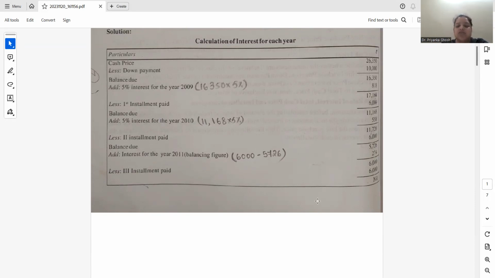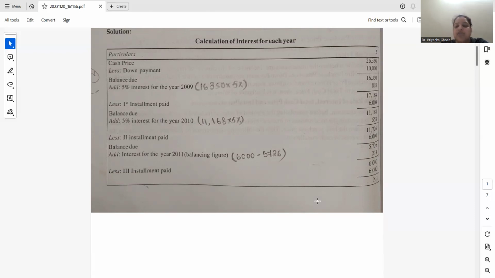So, to avoid leaving a change amount in the last year, we find the interest as a balancing figure and the total due, and the last installment we pay is the equal amount.